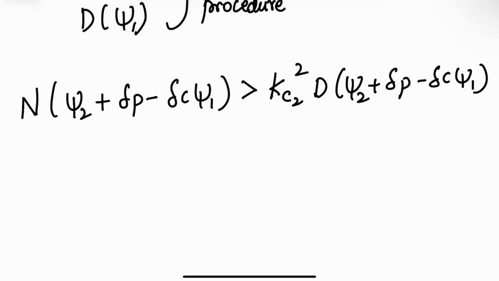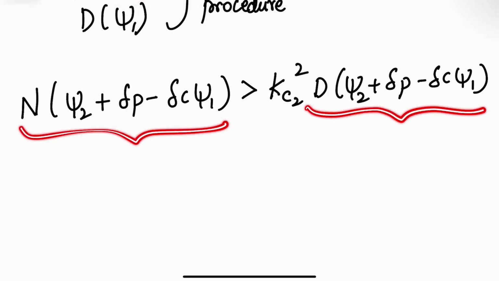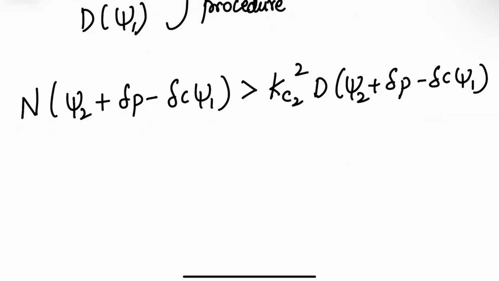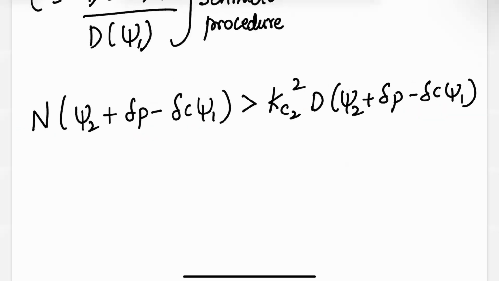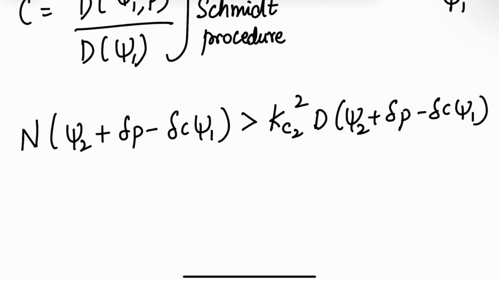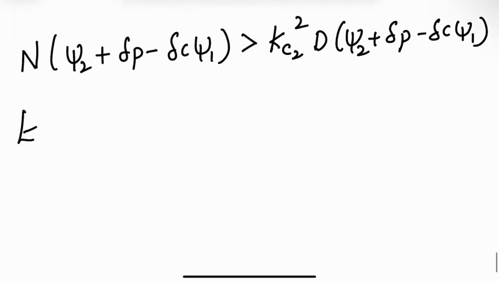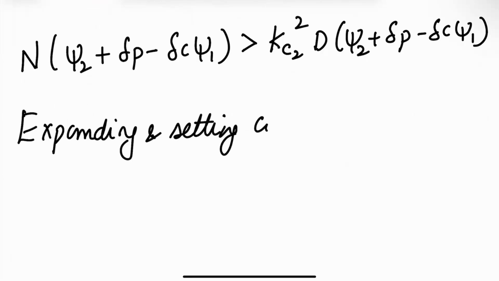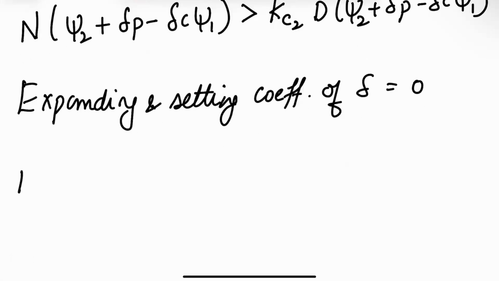I expand these out, and then once I expand them using the equations we used earlier, I can remove the coefficient of delta because delta is arbitrary, just like we did earlier. So expanding and setting the coefficient of delta equal to 0, we get this. This is the coefficient of delta. I'm skipping a couple of steps because we did that just now.